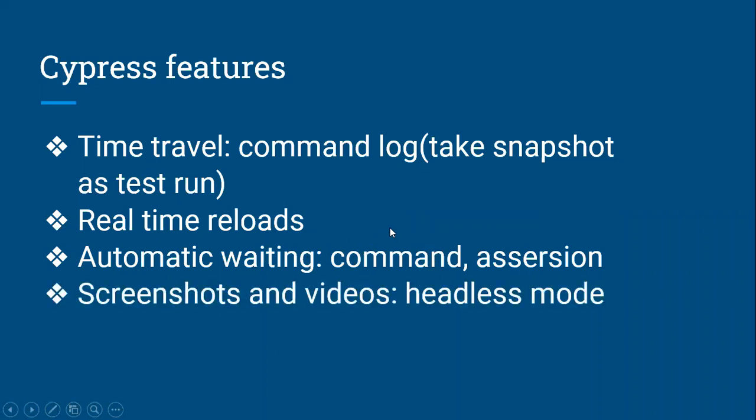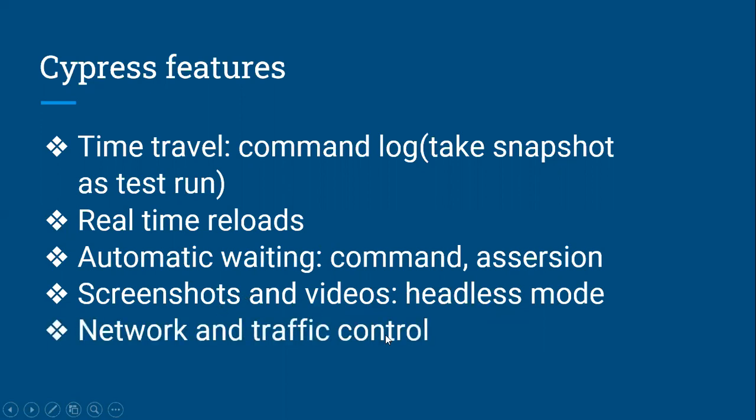The next one is screenshot and video capture. Cypress has two modes, UI and headless mode. When you run it in headless mode, it automatically triggers video capture, and you can watch it again after your test run finishes.